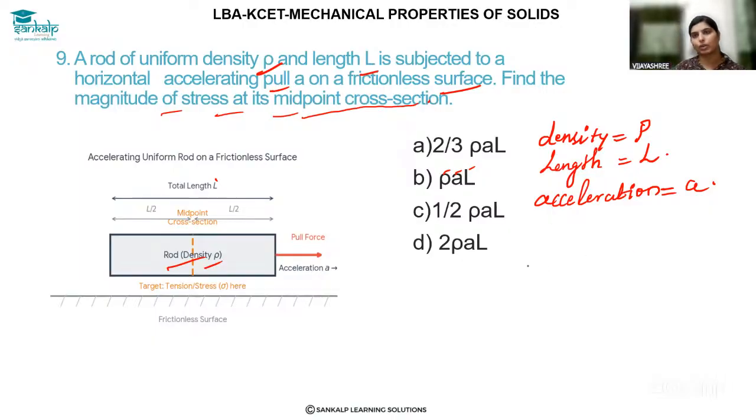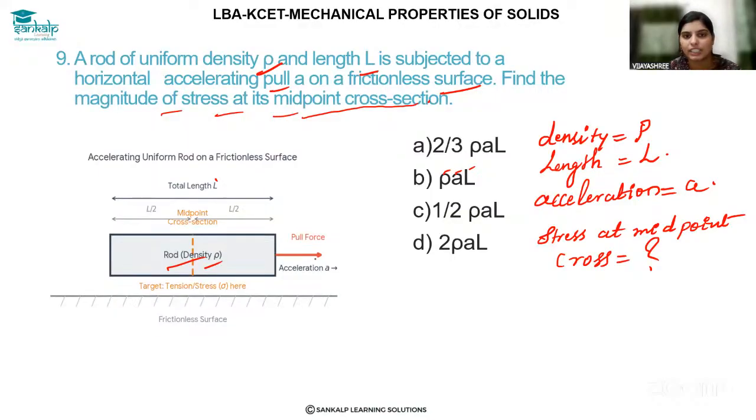So we need to calculate the stress at the midpoint cross section, which is the question mark. The pulling force is in this direction, and the body acquires the acceleration in the forward direction only. We need to identify the stress.